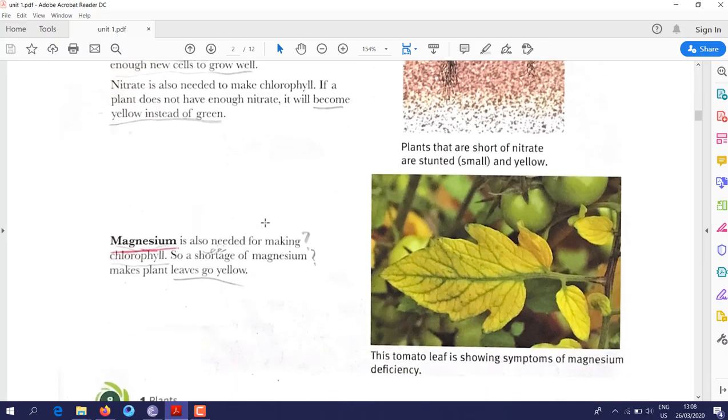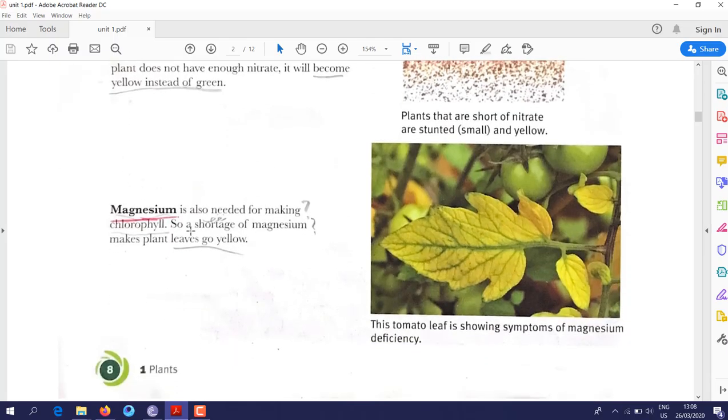Then magnesium. Magnesium is also needed for what? It's needed for making chlorophyll. So what do you think? If we have a plant without magnesium or with less magnesium, how will this plant look? Here we have the answer.